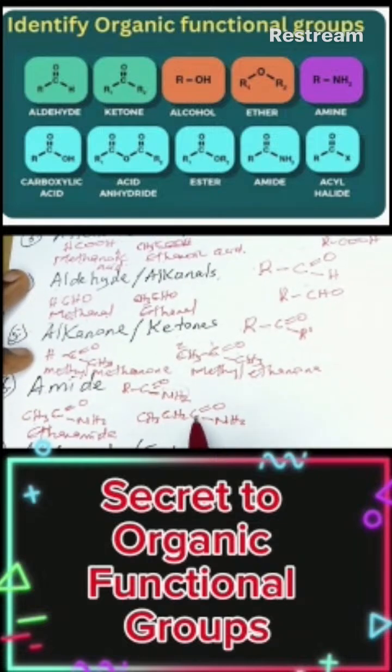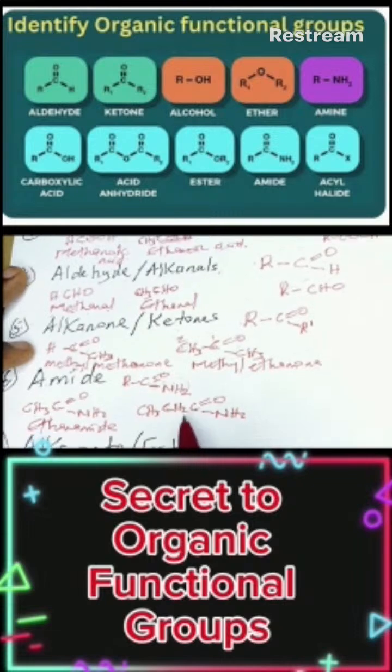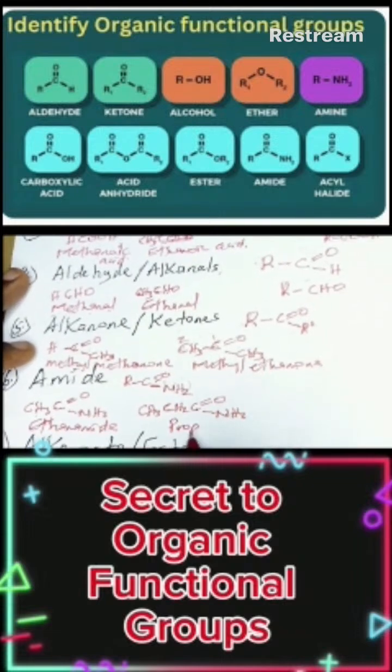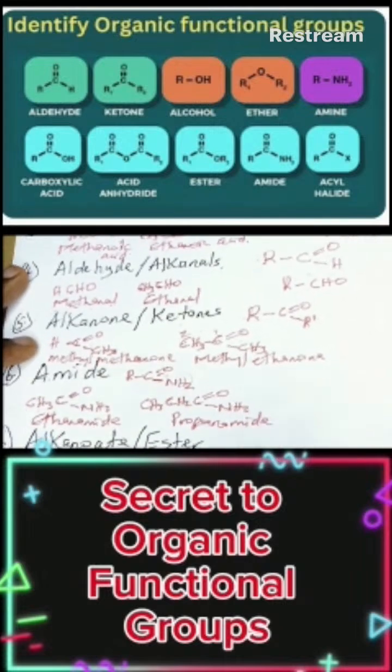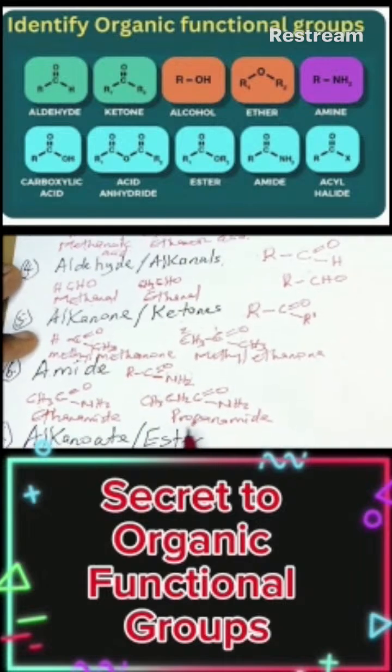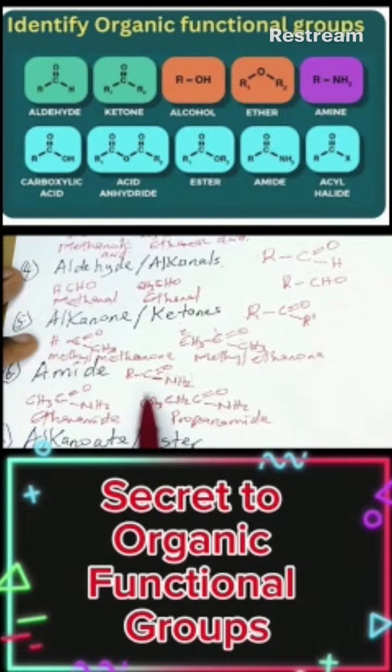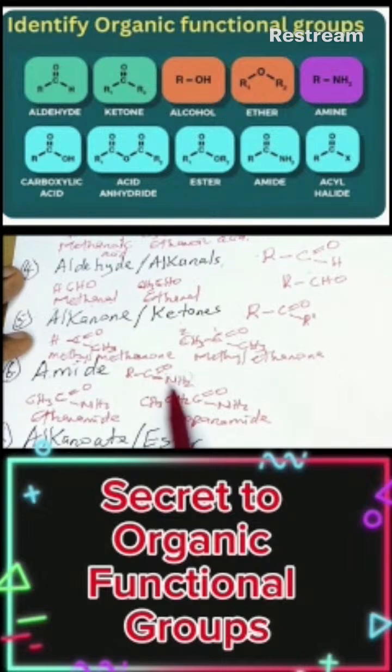You have 3 carbons. 3 is prop. So this will be called propanamide. So that's how to name this and to identify amide. It is whenever you see this NH2 here, replacing OH from our alkanoic acid.